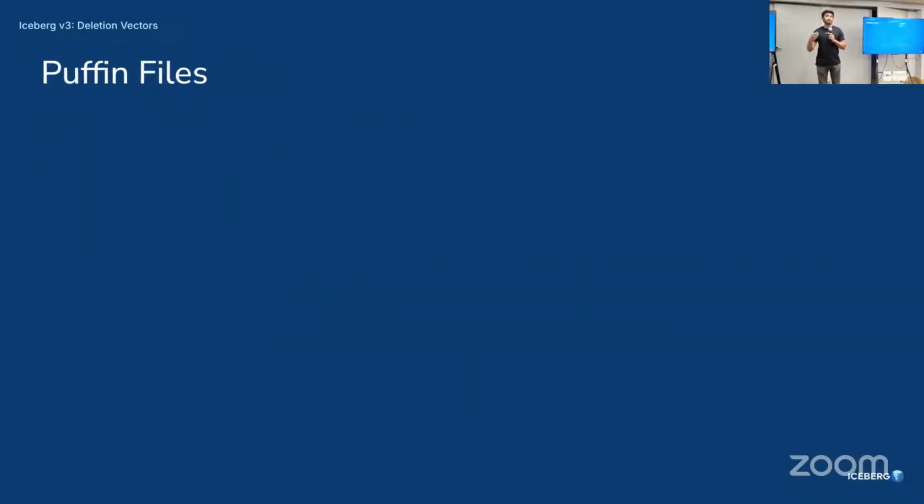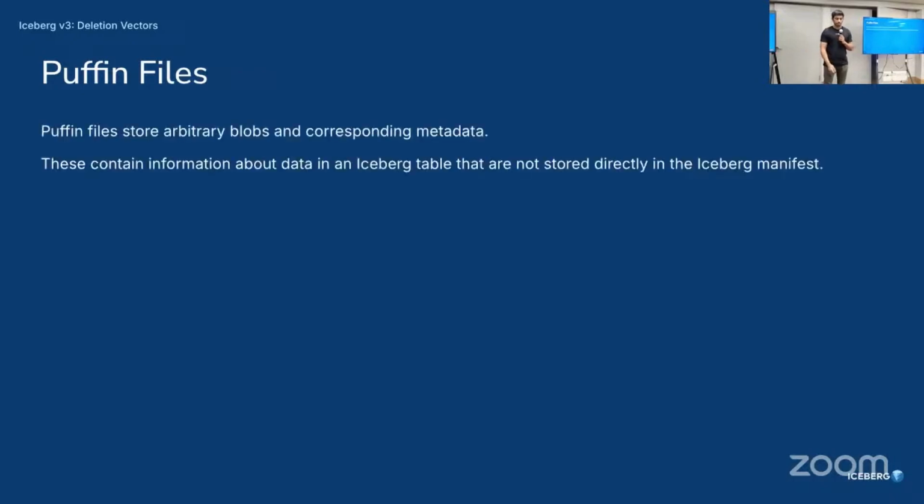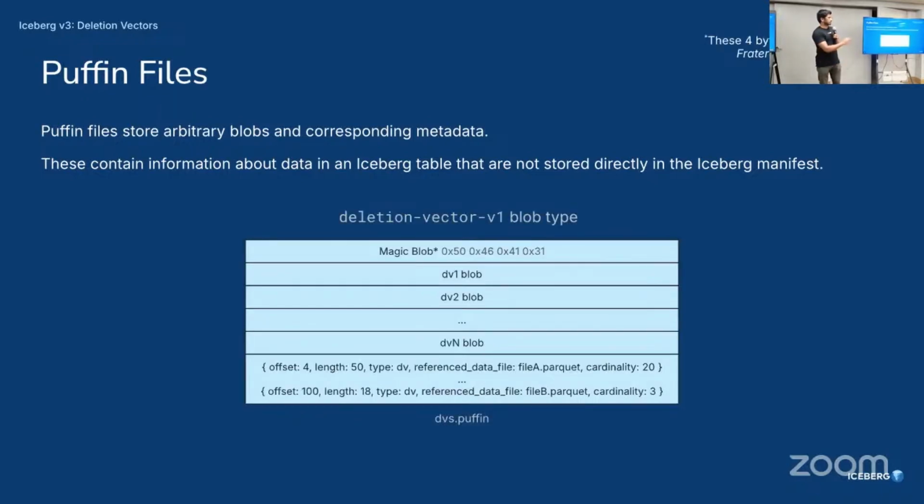The way that we actually store them, though, in Iceberg is via this nice thing called a puffin file. Puffins are great because they can store arbitrary blobs and things that don't really make sense to go inside the Iceberg metadata manifest tree. These just contain arbitrary information, and one of the great things that they contain is this thing called the deletion vector v1 blob type. Very similar to what we just saw, we're now stacking all of the deletion vector blobs on top of each other.